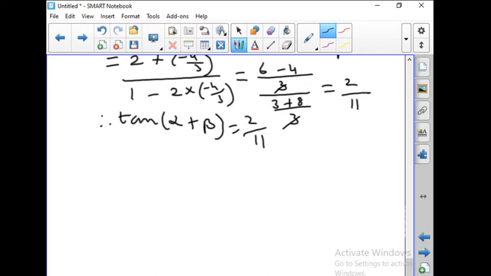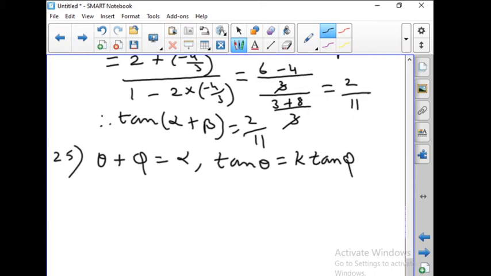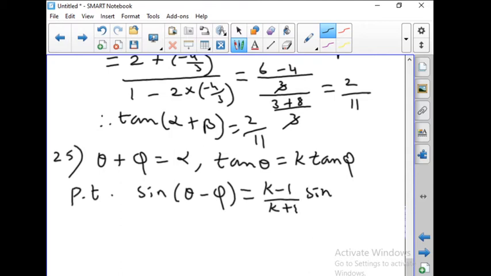Okay. Then question number 25. Given theta plus phi is equal to alpha and tan theta is equal to k tan phi, then we have to prove that sin of theta minus phi is equal to k minus 1 by k plus 1 into sin alpha.